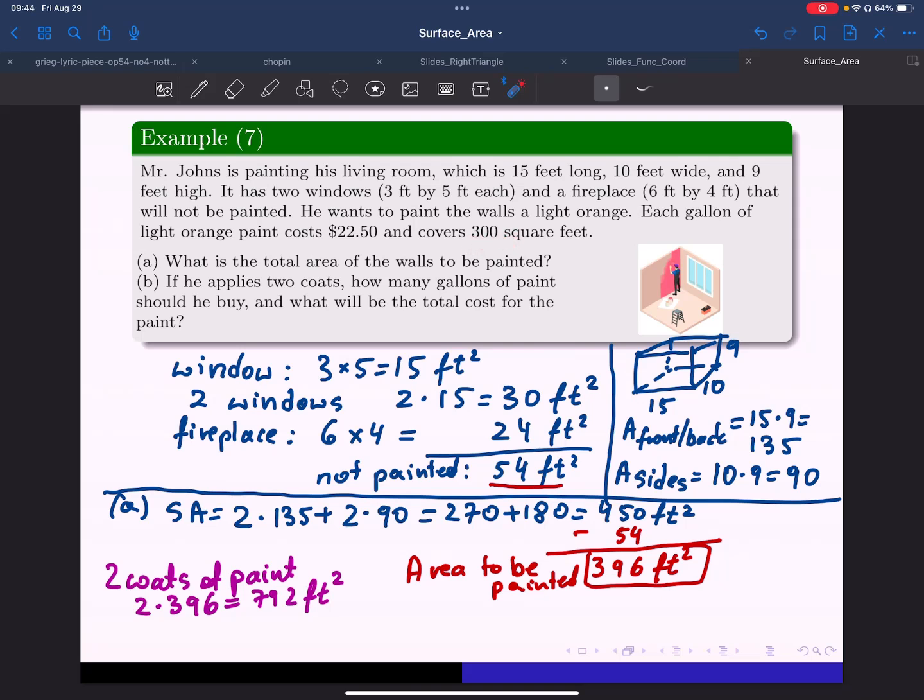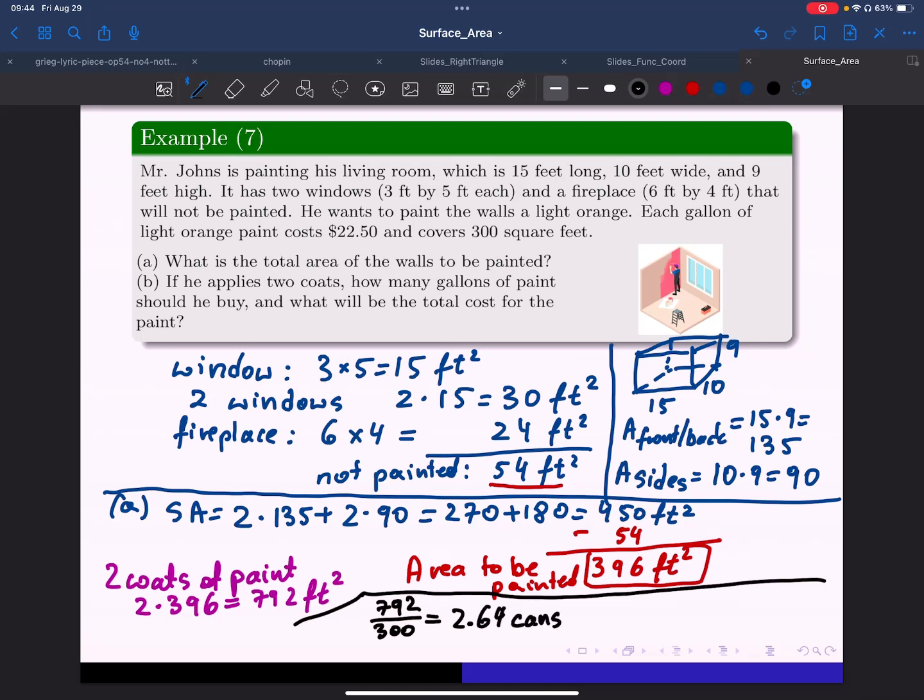If we have 792 square feet and one can covers 300, we simply divide 792 by 300, and we get 2.64 cans.